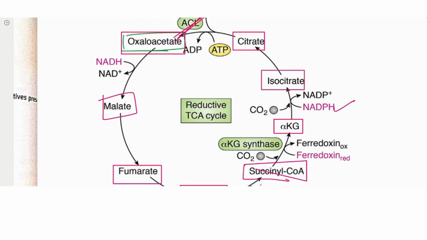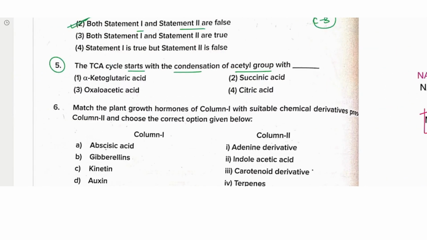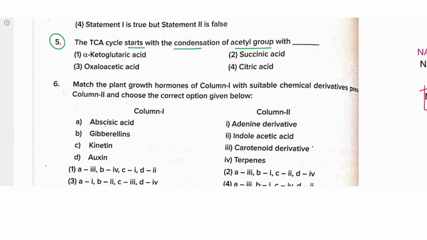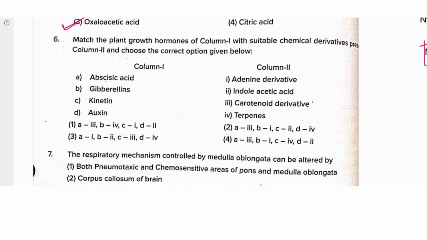These are the stages they are asking about. So the TCA cycle starts with the condensation of the acetyl group with oxaloacetate.